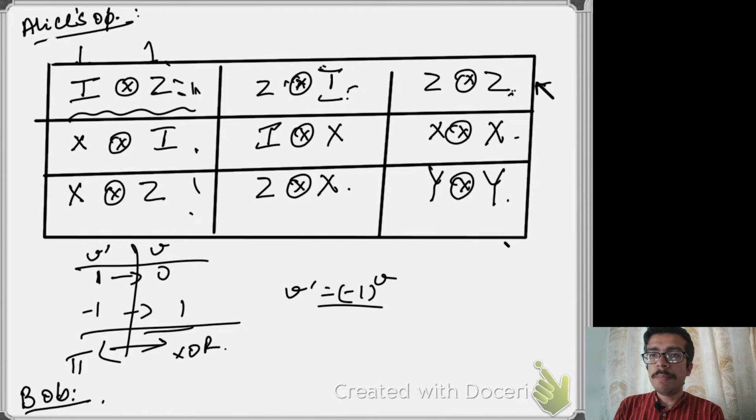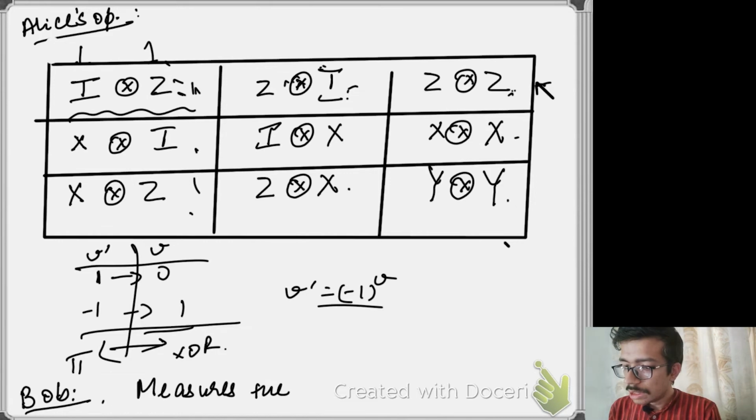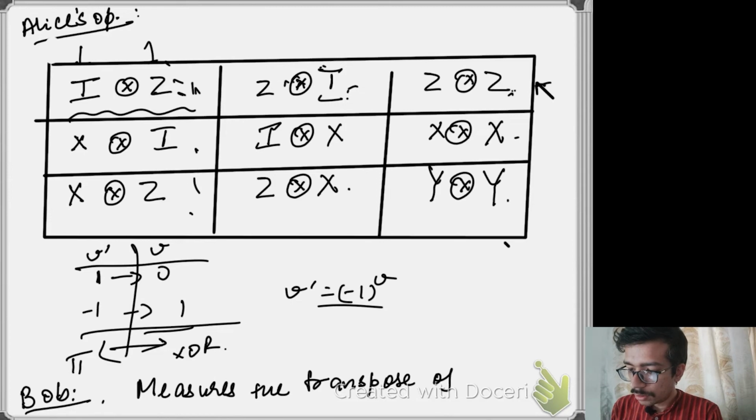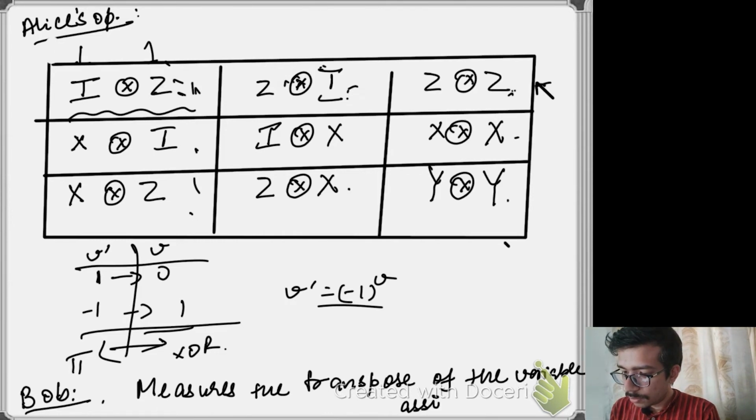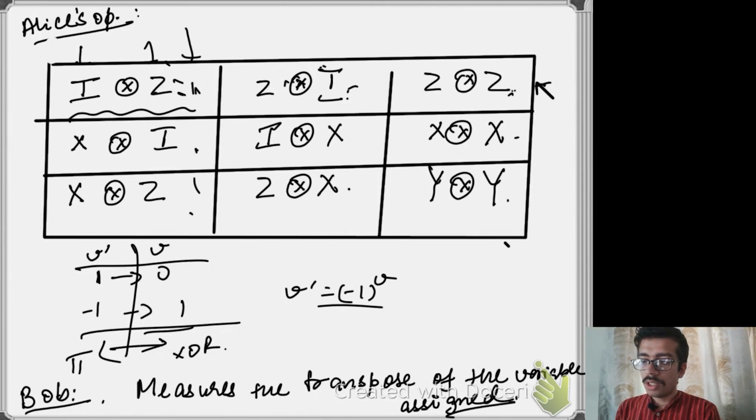Bob will also use the same sort of matrix, and Bob measures the transpose of the variable assigned. So if Bob is given the input v1, then Bob will measure the operator I tensor Z transpose, which is I transpose tensor Z transpose, which is also I tensor Z, and so on.